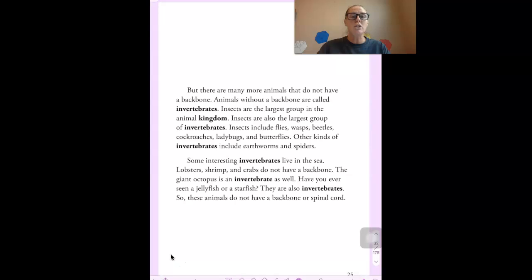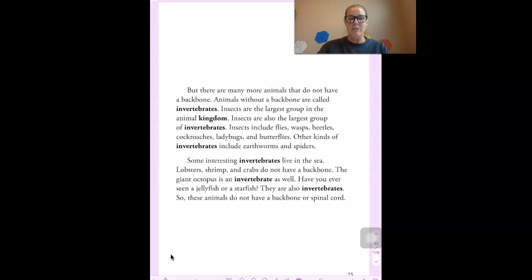Insects are the largest group in the animal kingdom. Insects are also the largest group of invertebrates. Insects include flies, wasps, beetles, cockroaches, ladybugs, and butterflies. Other kinds of invertebrates include earthworms and spiders.